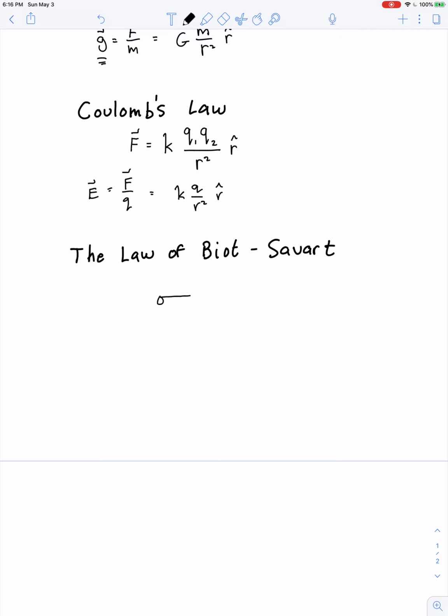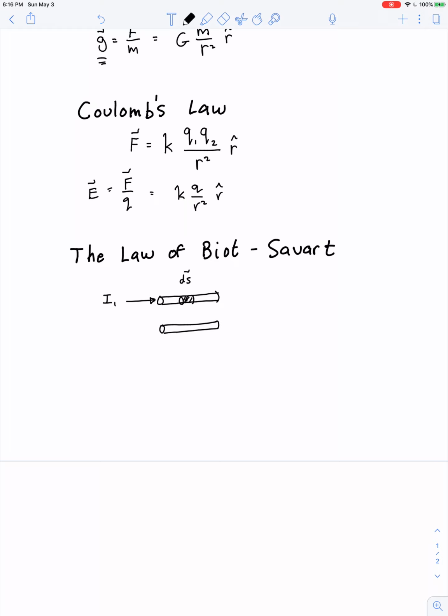A wire that carries an electric current, especially a small segment of wire, if we just identify a short length of this wire and say that bit of length represents a vector ds, if there's an electric current flowing to the right in this wire, we symbolize electric current with capital I. So current number 1 flows to the right in this wire, and there's a second wire parallel to it, just below the first wire.